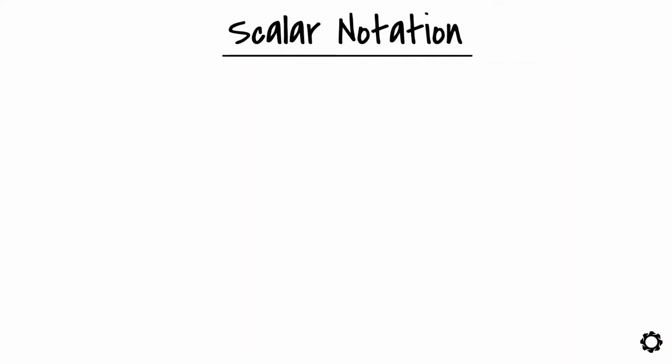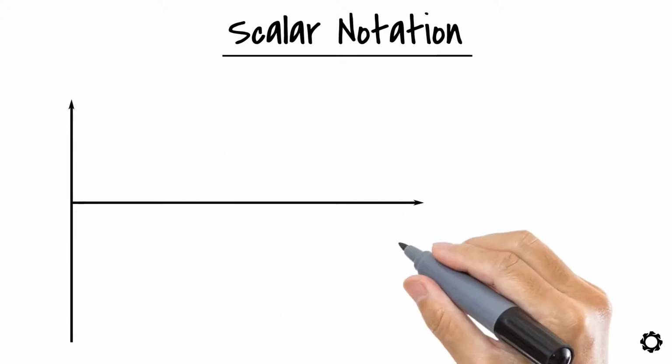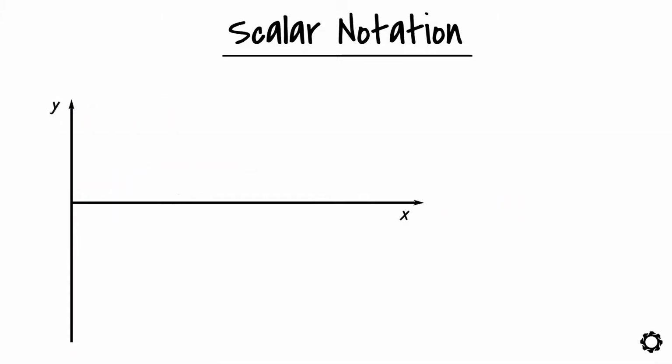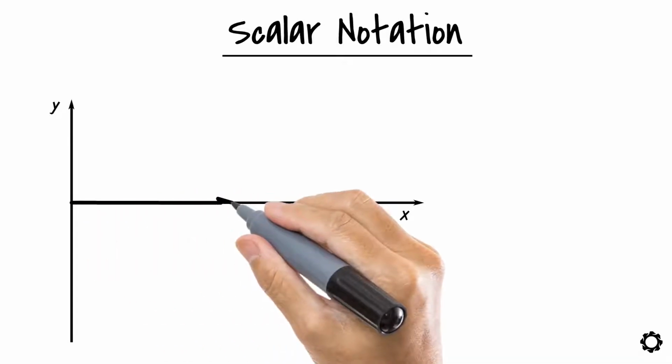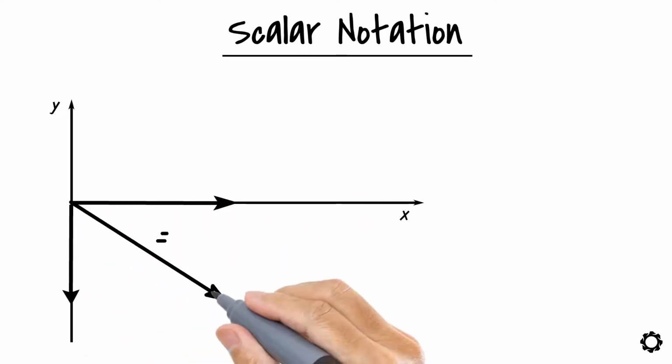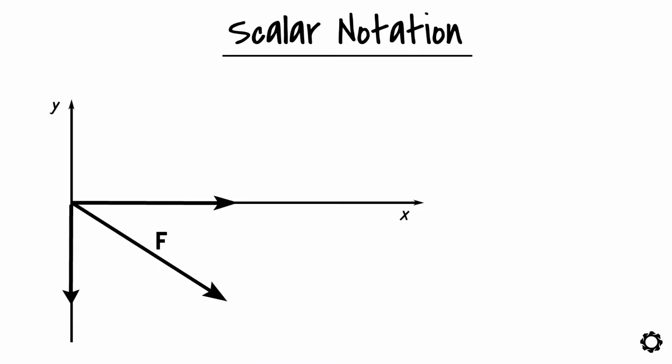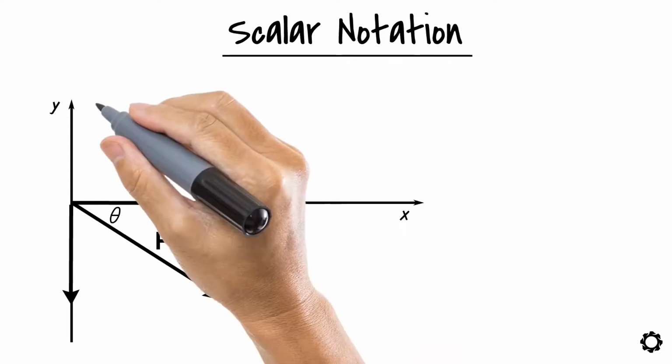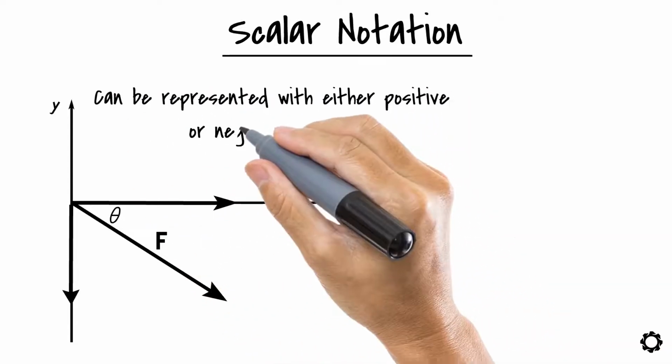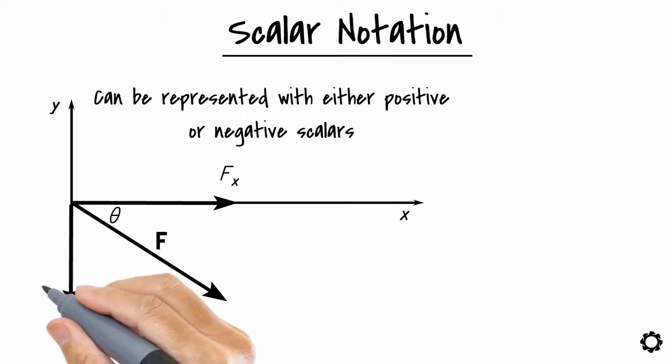Think about the planar coordinate system. It has an x and a y axis, which have both positive and negative directions and the magnitude. For this reason, we can define the rectangular components of the force vector using algebraic scalars. Depending on which direction the rectangular components are pointing in the planar coordinate system, they can be represented with either positive or negative scalars Fx and Fy.